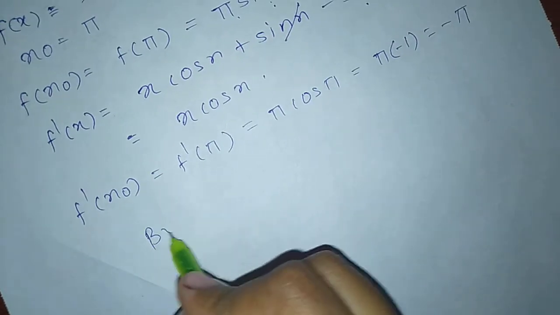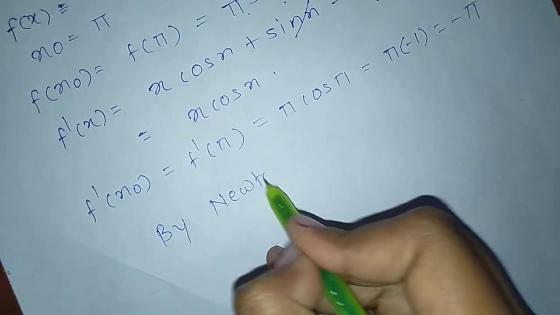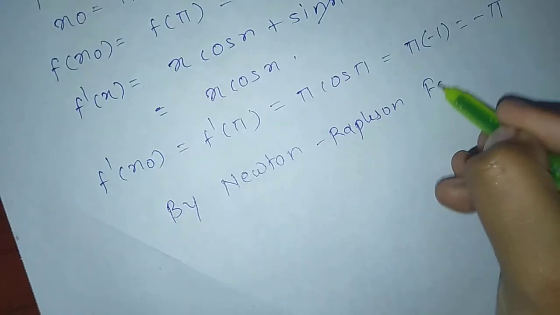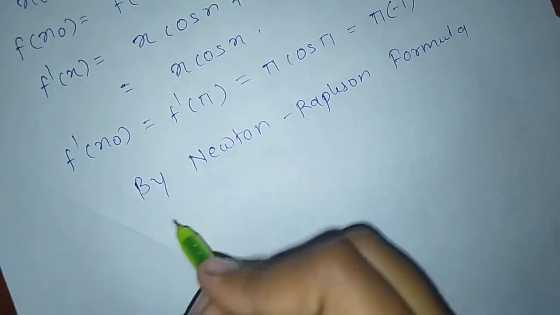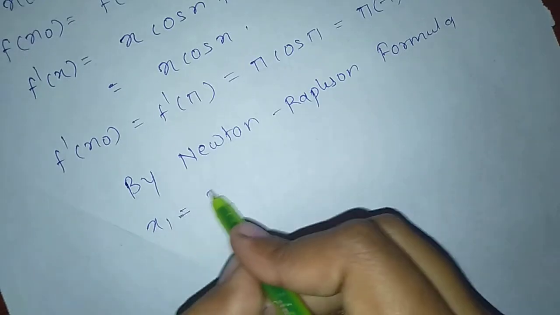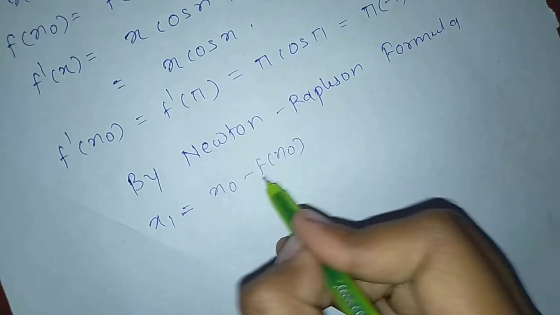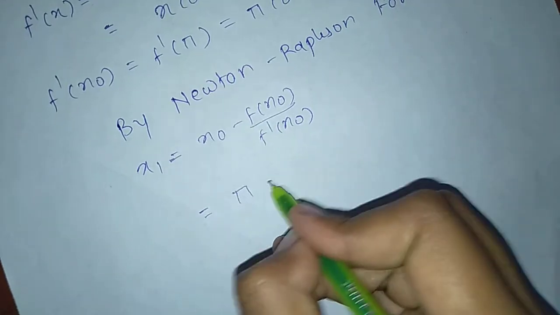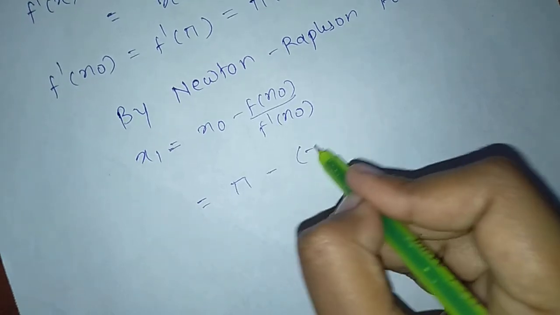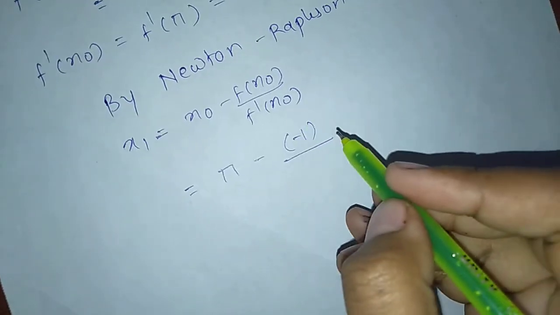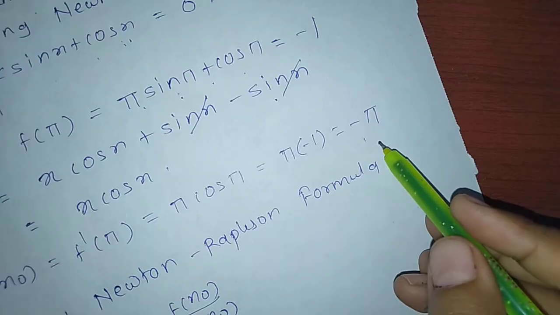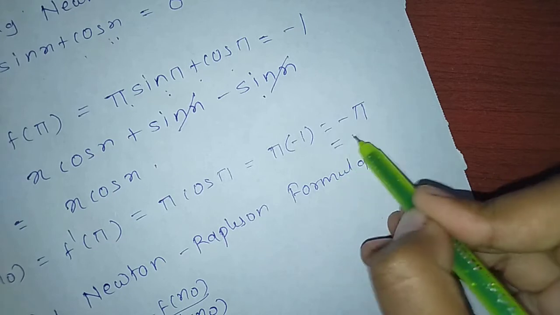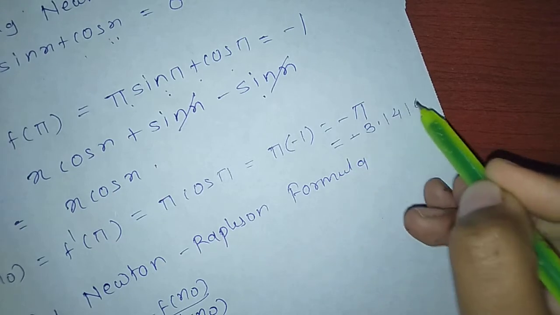Now by the Newton-Raphson formula, x1 equal to x naught minus f of x naught upon f dash of x naught. x naught is pi minus f of x naught is minus 1 upon f dash of x naught is minus pi, and the value of pi is 3.1416.